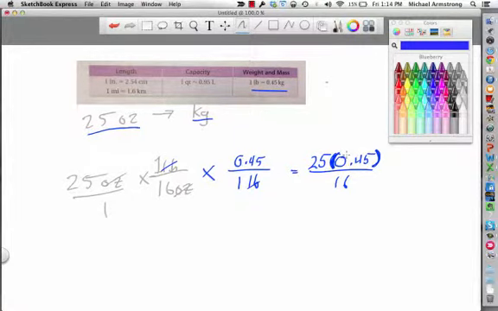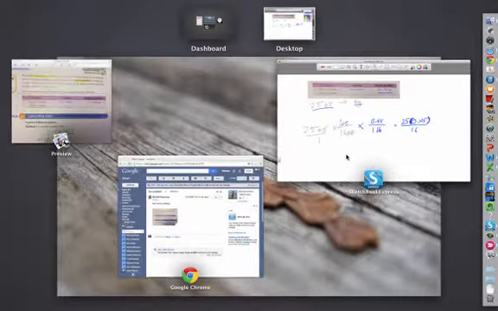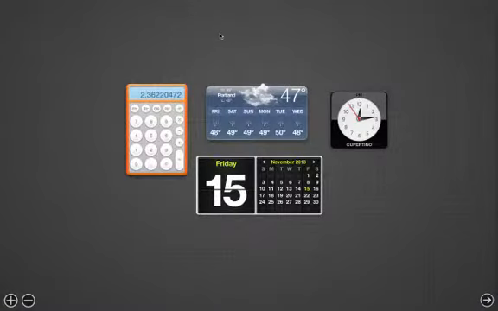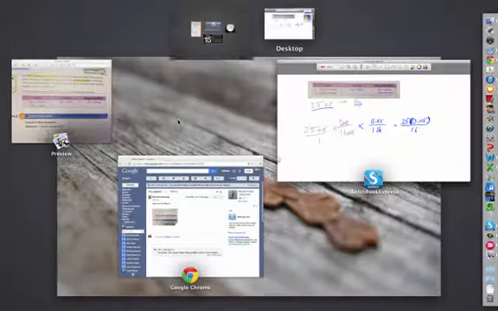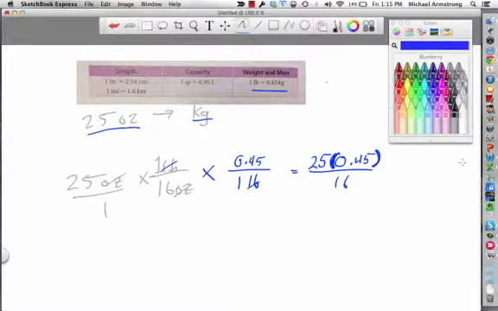So let's see if we can remember this. 25 times 0.45 divided by 16. 25 times 0.45, and then hit equals, so that's 11.25 divided by 16, and you get 0.703, and we're just going to go 0.70 because we used 2 digits here, so we're going to keep 2 digits.